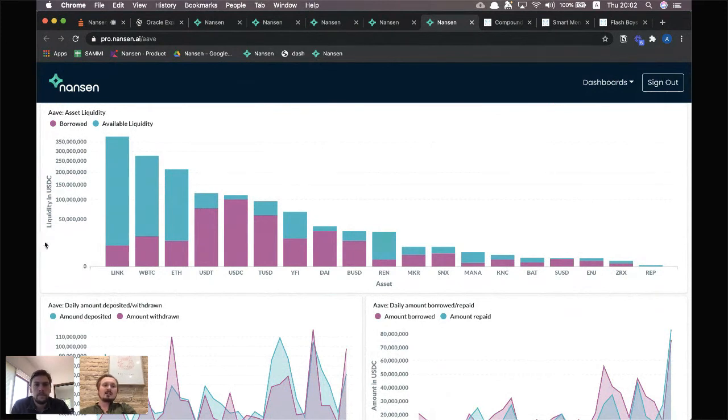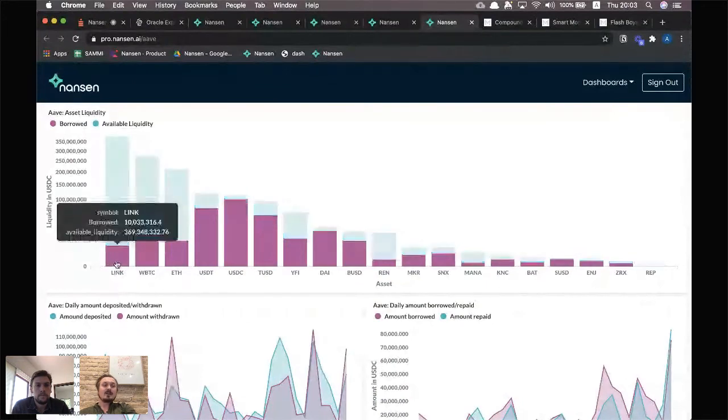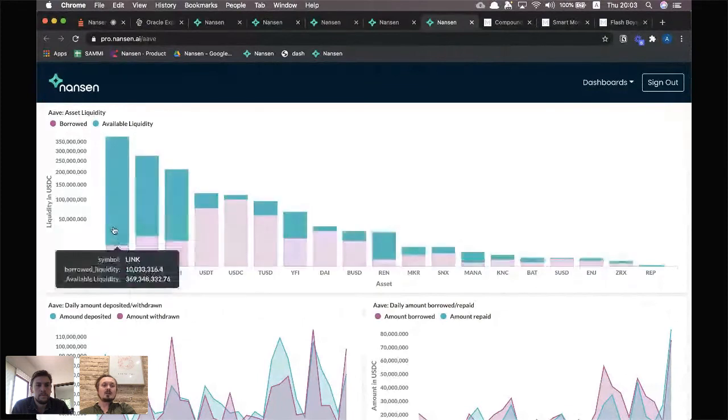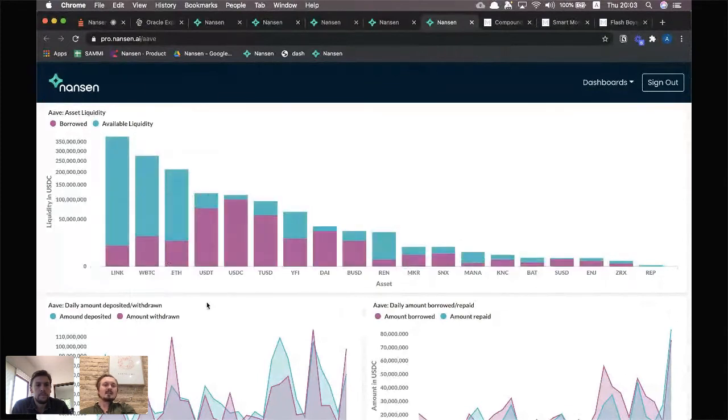But this view tells you, very visually, the amount of money sitting in the LINK money market, in total, the balance of that particular pool or currency market. And then you see visually how much of that liquidity is borrowed and how much is available to be borrowed. So you can see some things right away.